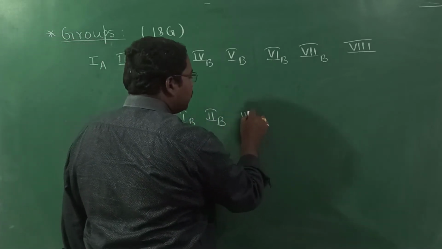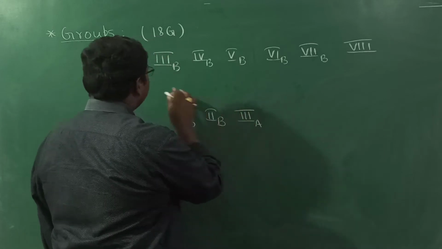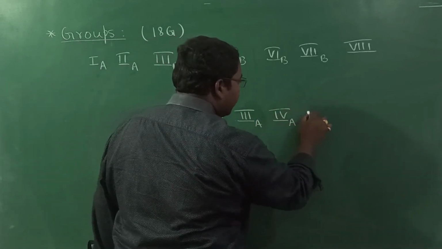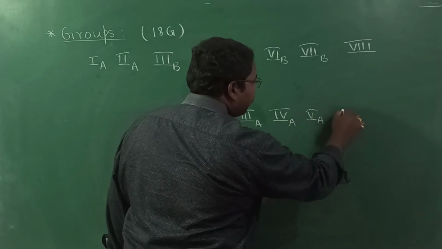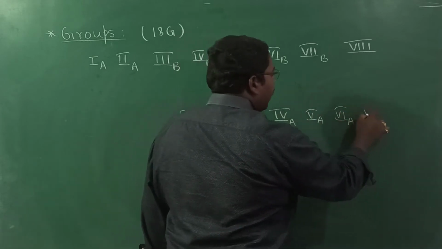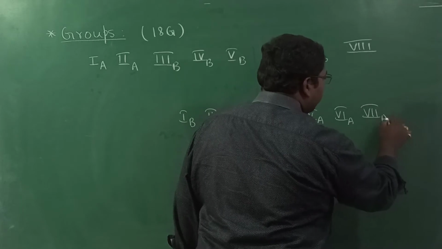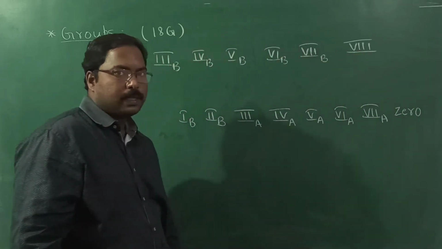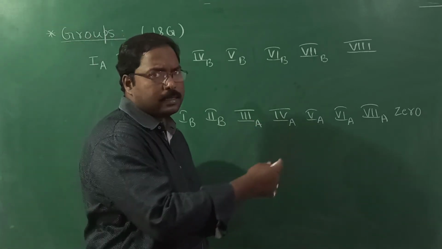After this, the continuation of the previous A type of groups will come: 3A, 4A, 5A, 6A, as well as the 7A group. And the last one we generally call the zero group, or the eighth group, or zero group.